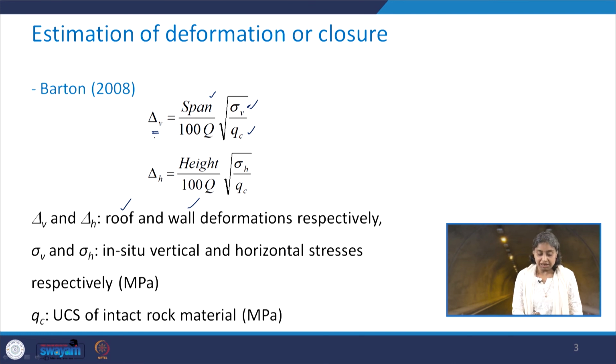So, accordingly we can find out what is going to be the roof and the wall deformation. In case of the wall deformation, in place of span we consider the height of the excavation, and in place of sigma V it will be sigma H, which is the in situ horizontal stress in megapascal.